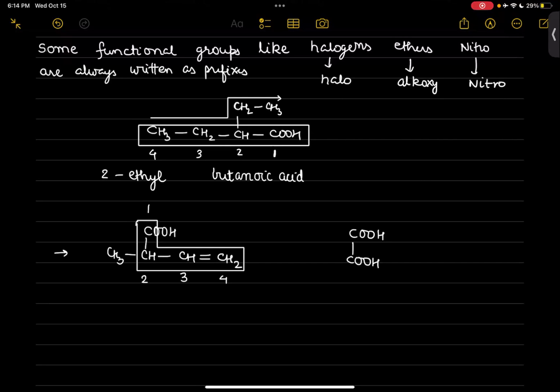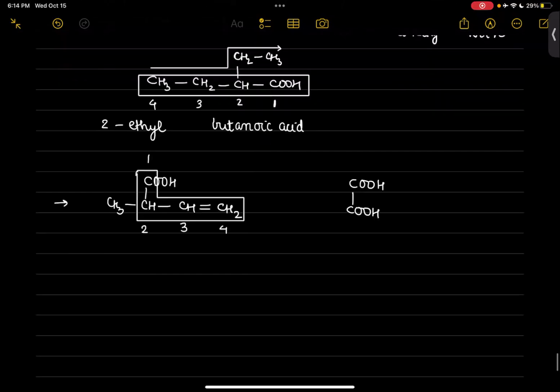Yes, sir. So now, what's the name? Now you can easily write the name. But-3-en-1-oic acid. Is it clear or not? We didn't mention the locant 1 in the previous one.